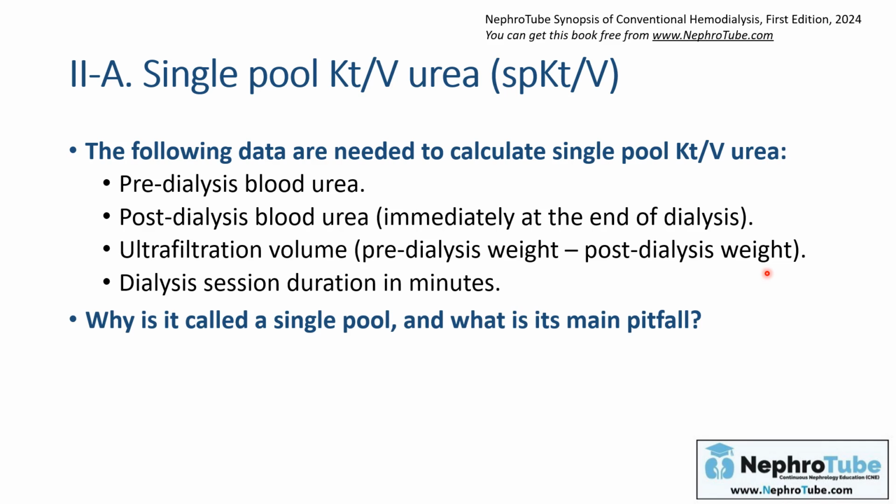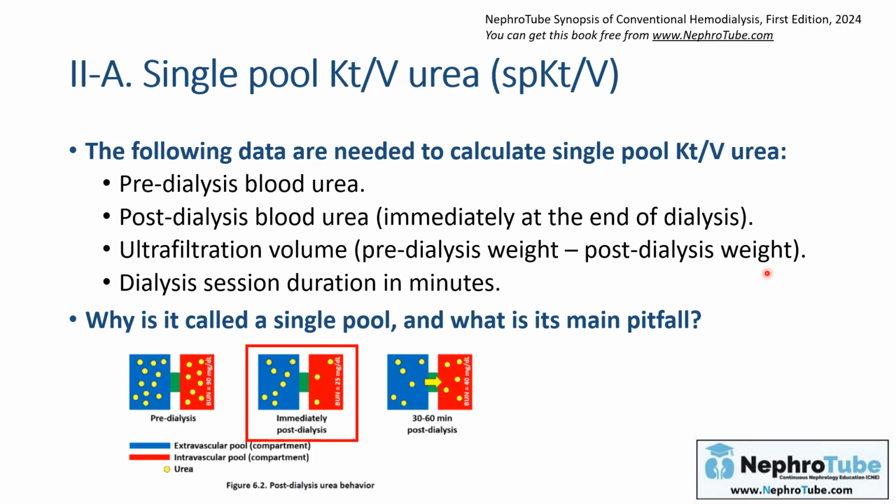Why is it called single pool KT over V, and what is its main pitfall? We mentioned here that we will measure the post-dialysis blood urea immediately after the end of dialysis. So this method neglects that we have two pools affecting the urea level.